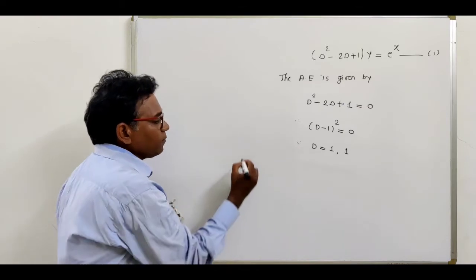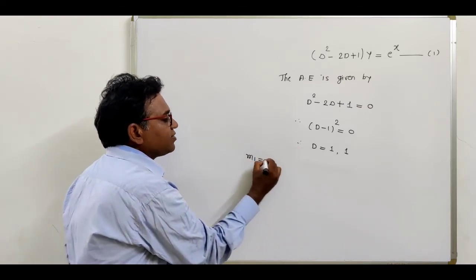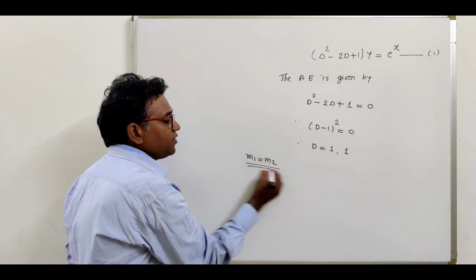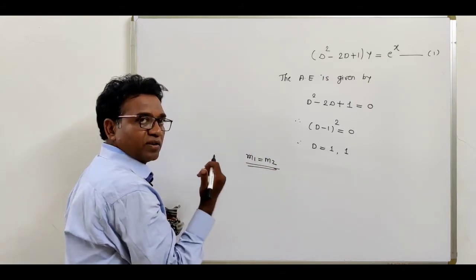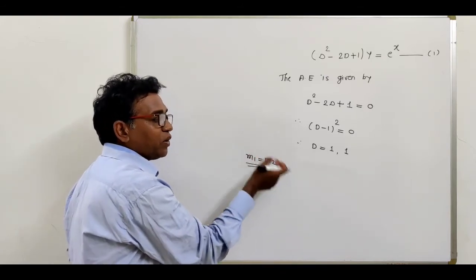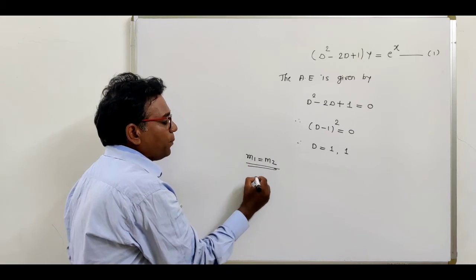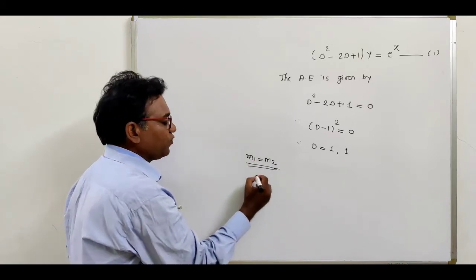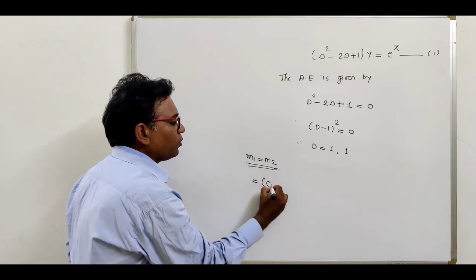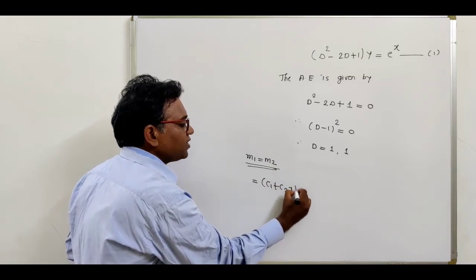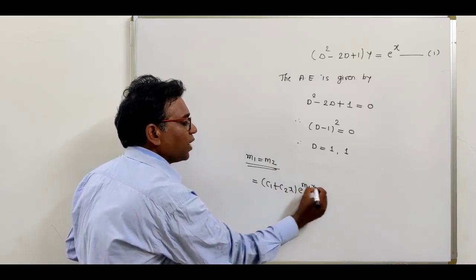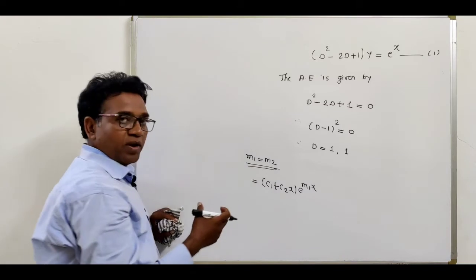See what is the formula? If m1 is equal to m2 are the roots of the auxiliary equation, means if the root repeats 2 times, then how to write the complementary function? It is given by the formula (c1 plus c2x) into e raised to m1x. So remember this formula.